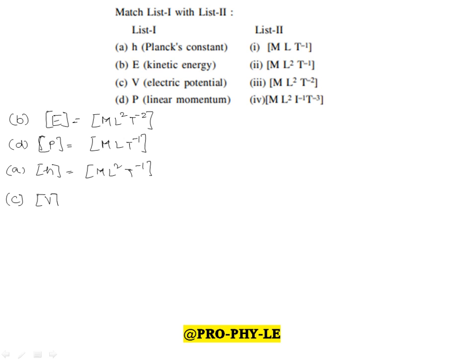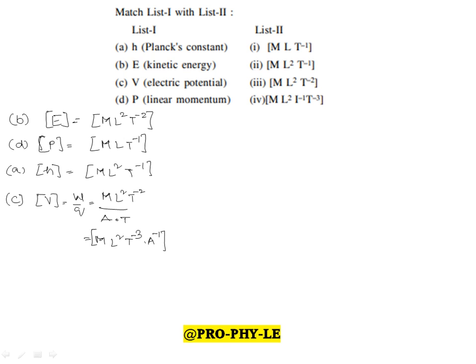is nothing but work done per unit charge. This will be M L square T power of minus 2 by ampere into time, or this will be equal to M L square T power of minus 3 into ampere power of minus 1, or it is given as I, so that I can represent in 1.